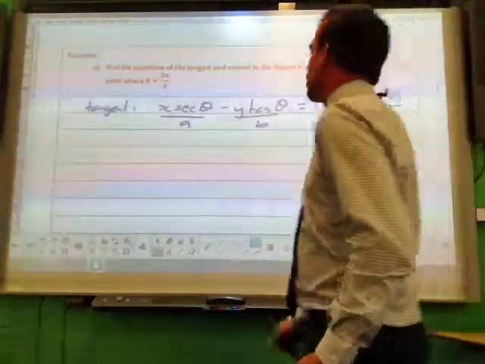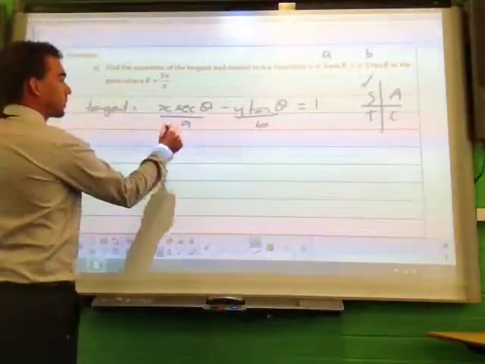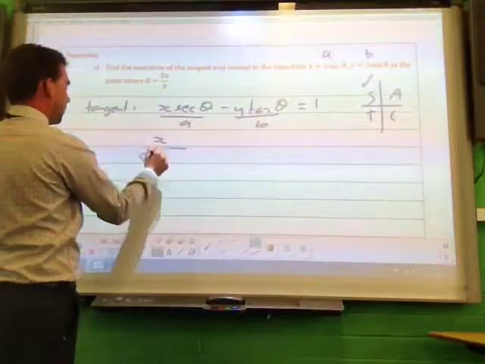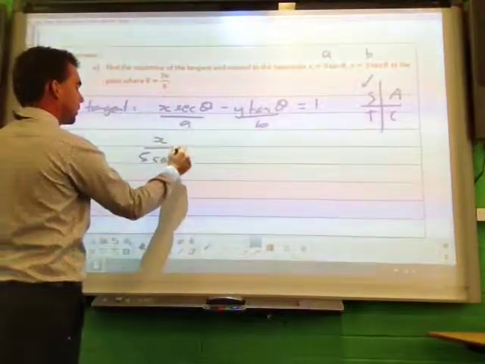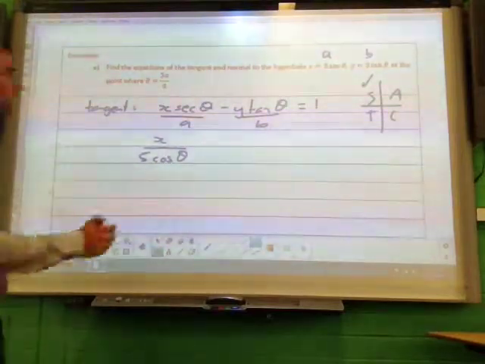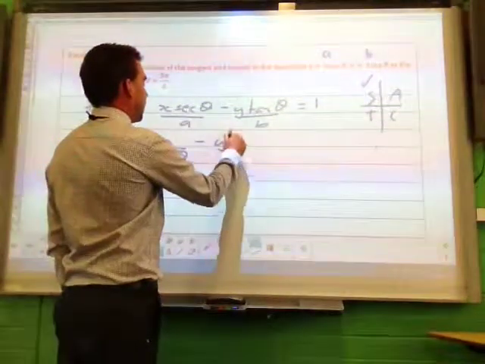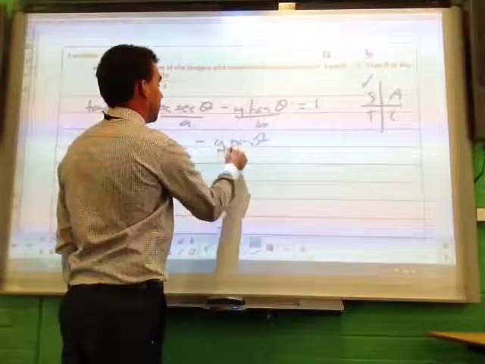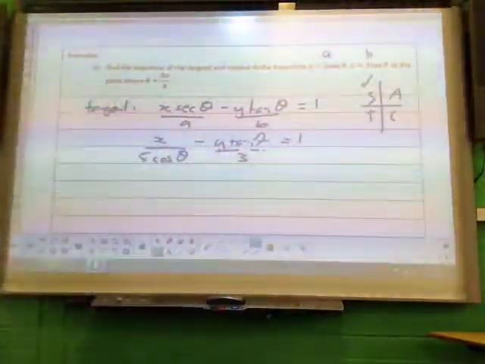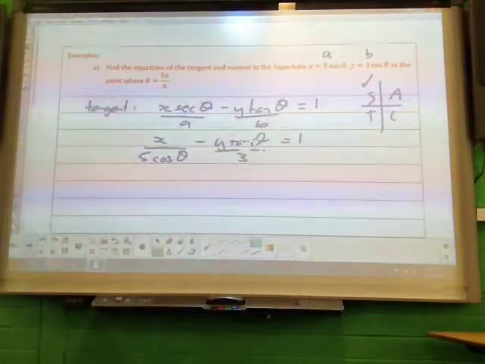Right, so we have x over, I'm just going to write cos on the bottom so as not to get myself further confused, take away y tan theta on B, equals 1.